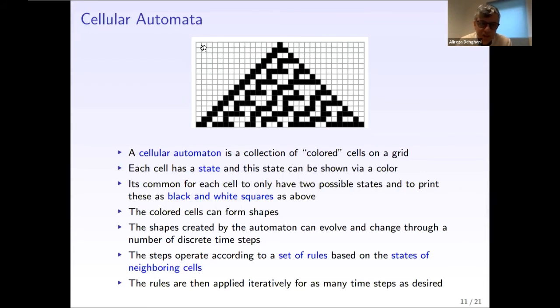The grid consists of cells. Cells can have states. States can be shown with color, and there can be a number of different states. We can start with a very specific initial configuration, anything, and then move to other configurations based on the rules we have.